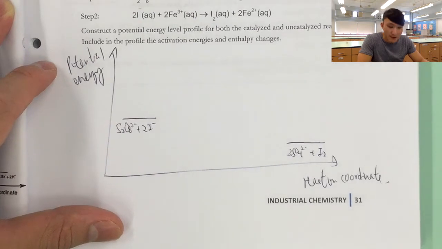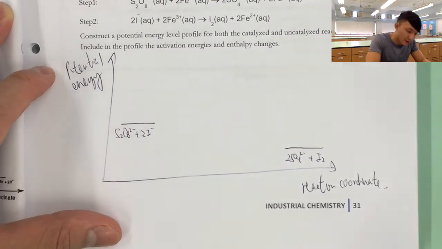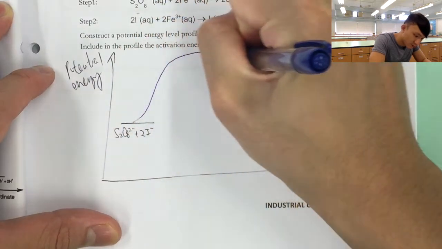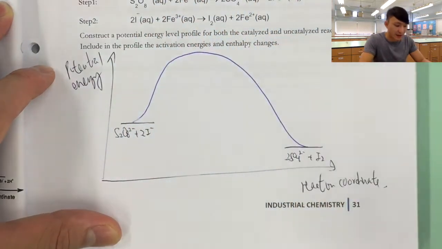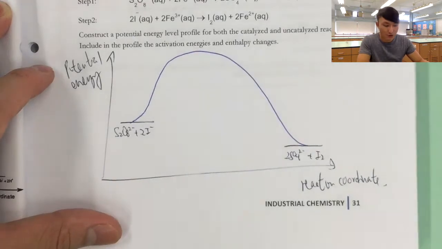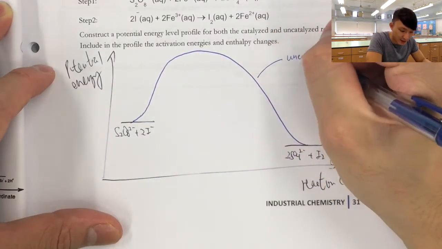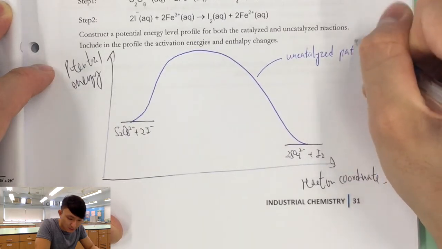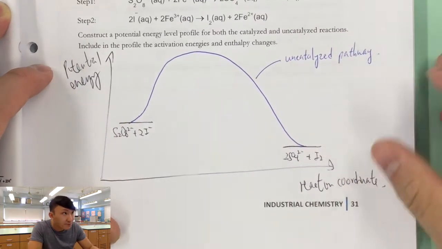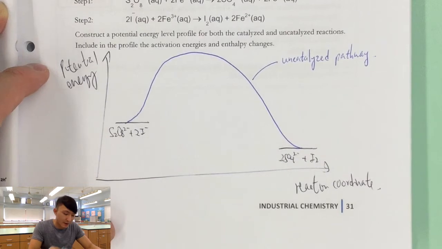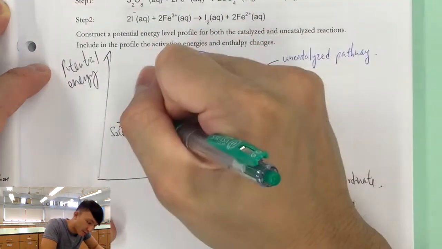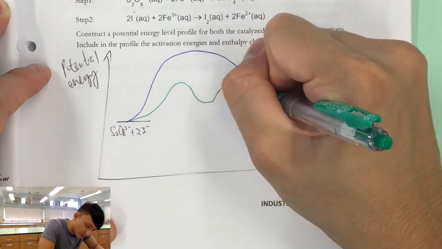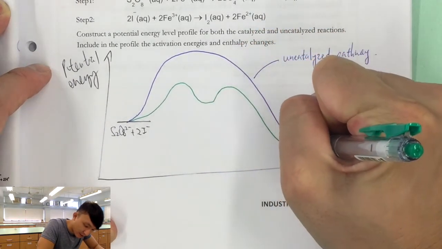So the original pathway is very simple, it would be like this. This is the original, uncatalyzed pathway. And if this is catalyzed, then there should be 2 curves, because now there are 2 steps.